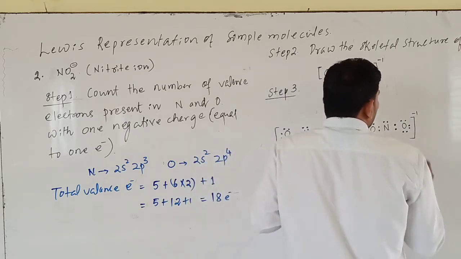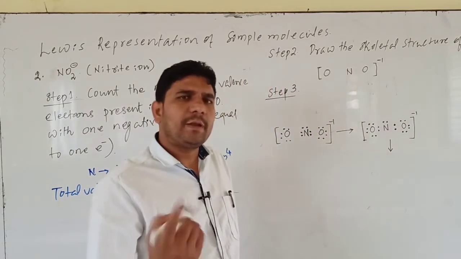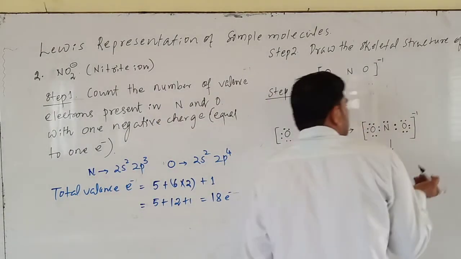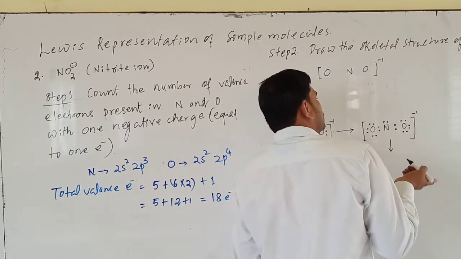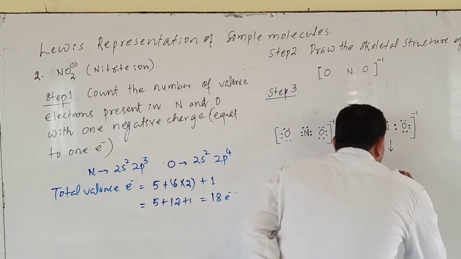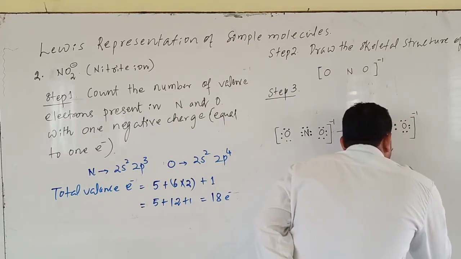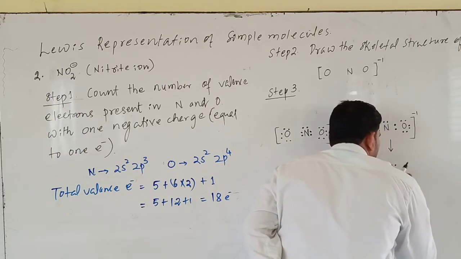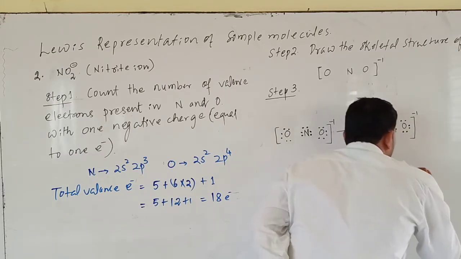Now you resort to multiple bonding. First place one multiple bond between one of the oxygens and nitrogen. Nitrogen already has a lone pair, non-bonding pair of electrons.